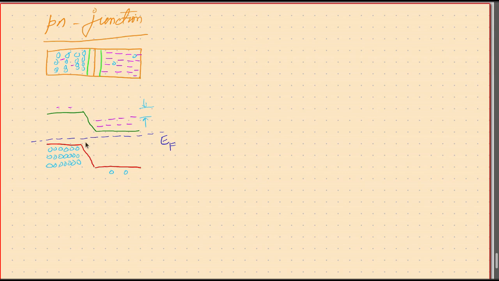Now, when we start our work, let's assume that our PN junction is at room temperature, and because of the room temperature we have some thermal energy, and because of this thermal agitation some free electrons are available, and because of the doping more free electrons are available.